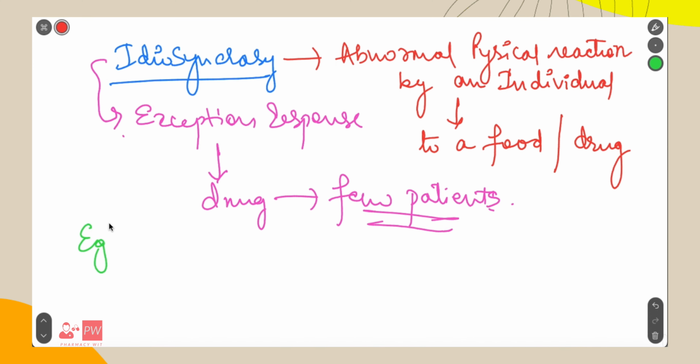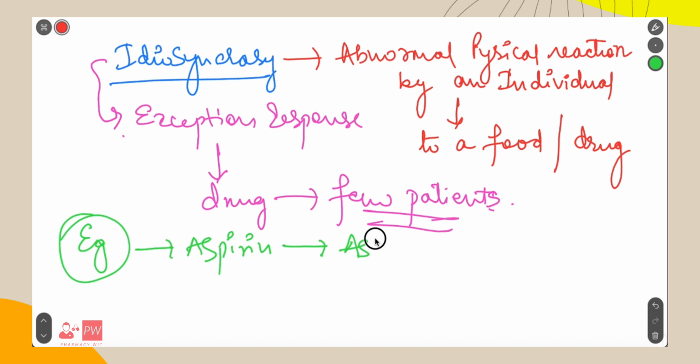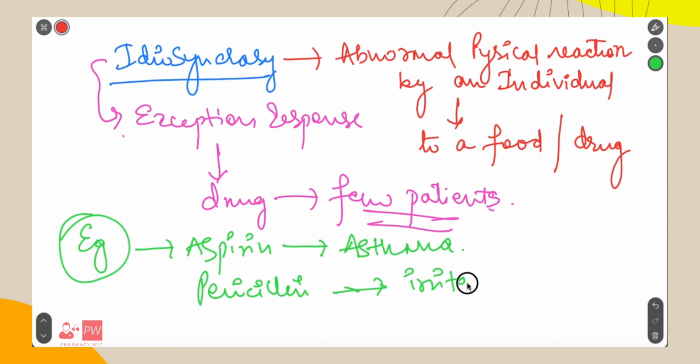For example, in some patients, aspirin causes asthma, only in some patients, and penicillin causes irritating rashes on the skin.